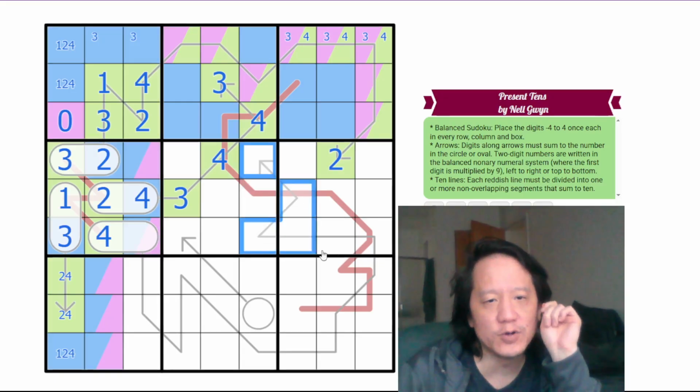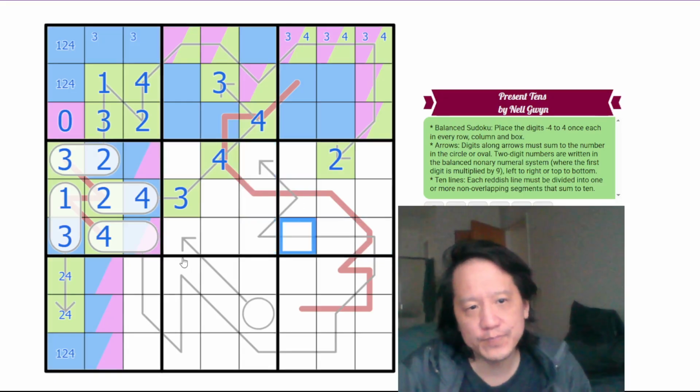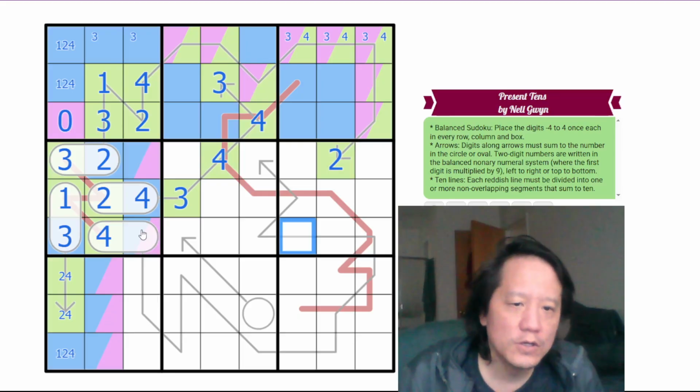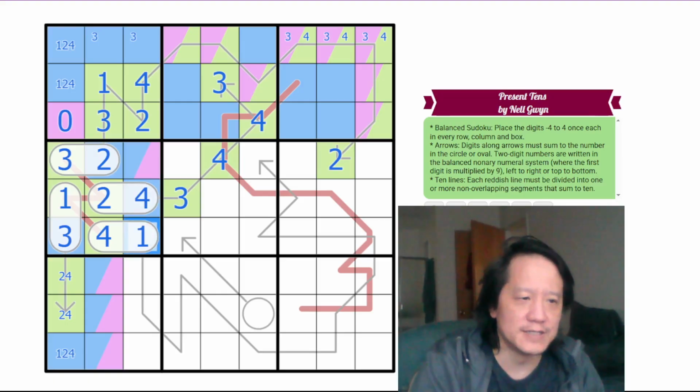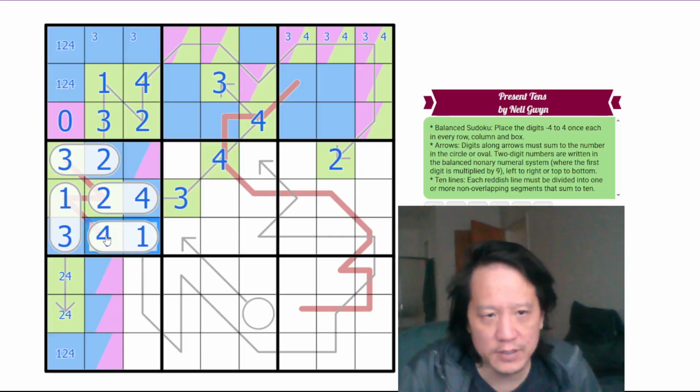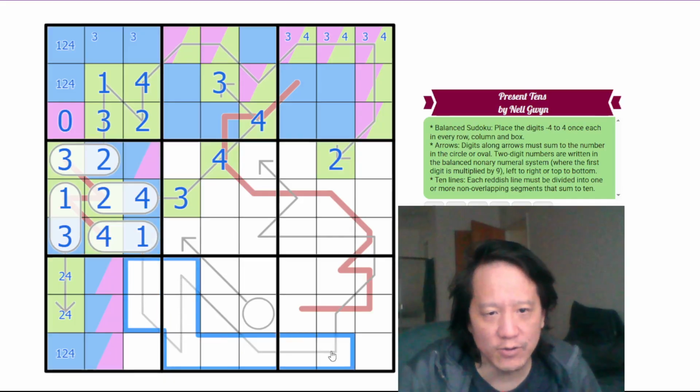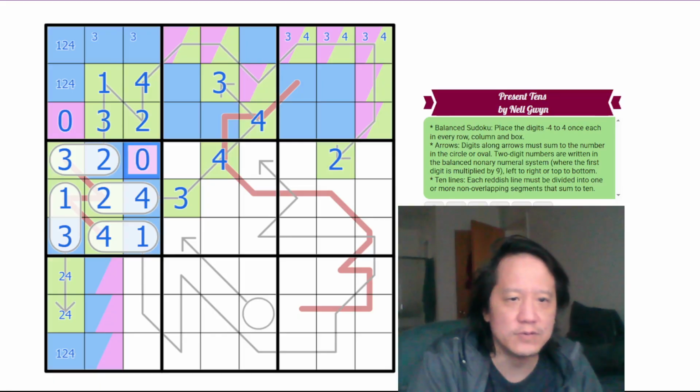So this is at most 35. So this has to be the -1, because that's the minimum this could be, and that's the maximum the arrow could add up to. This has to be not blue, this is 0.